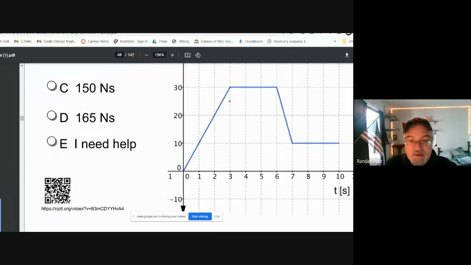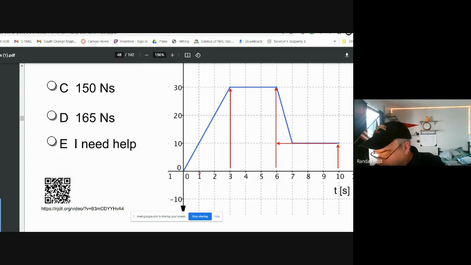So suppose I want to make a triangle here. I'm just going to use this line tool to make sections here. So we have a triangle, a rectangle, a rectangle and a triangle. And it's quite easy then to calculate the area for each one of these sections and then add it up.